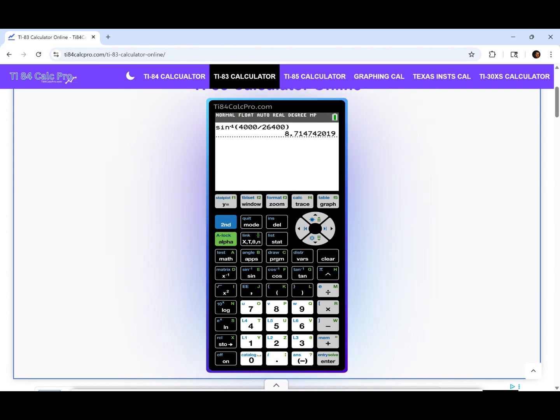And here is the angle that I get. Remember, this is in terms of degrees, so 8.7147 something something. I think I'll just round this to the nearest hundredth of a degree. I think that's plenty precise for our purposes. So I'm going to provide my answer as 8.71.